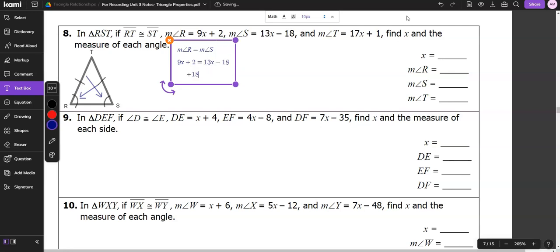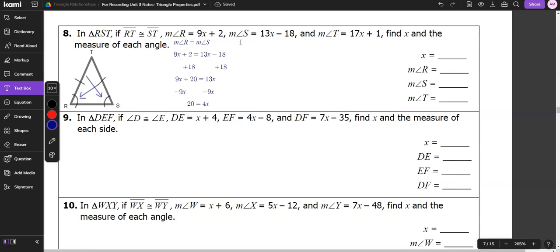I'm going to add 8 to both sides, and that's going to leave me with 13x plus 10... Now from here, I am going to subtract 9x from each side, which will leave me with 20 equal to 4x. Okay, I'm going to have to continue in a second column. That's okay. I'm going to divide both sides by 4. So 20 divided by 4, or x divided by 4, and that will give me a final answer of 5 is equal to x.